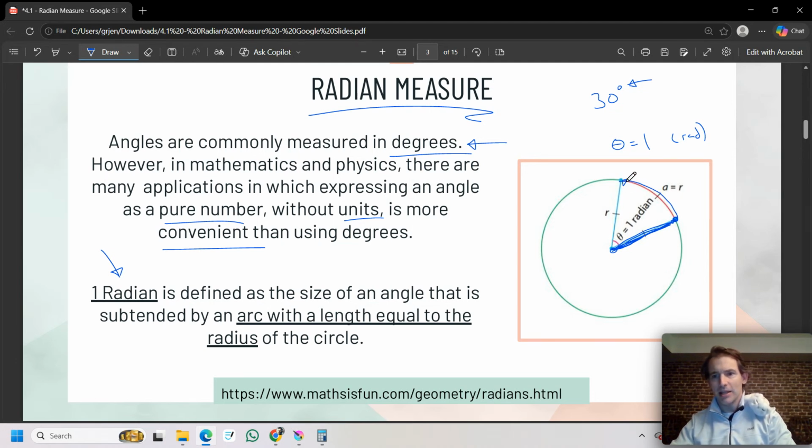Like this red distance is the same as this distance, sort of stretched around the outside of the circle, or wrapped, I guess would be a better word. So that's what we mean by radian. So we're measuring the arc length in terms of the radius r.